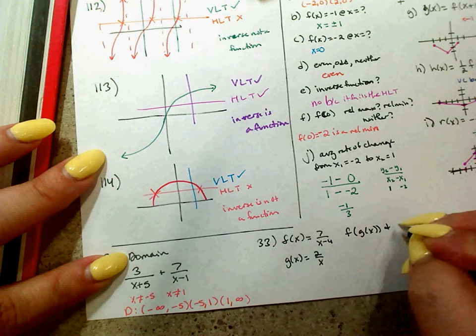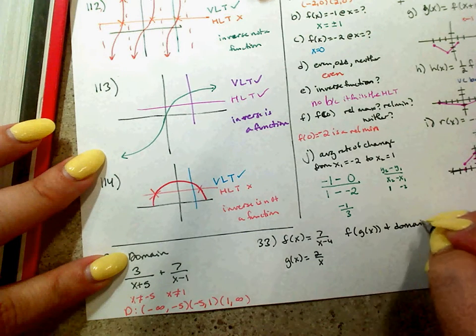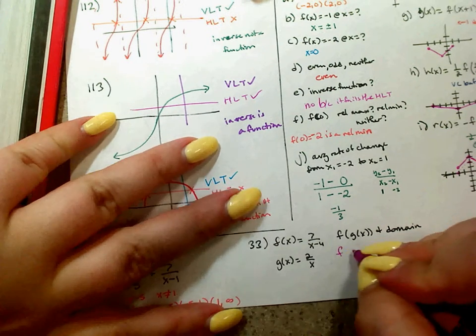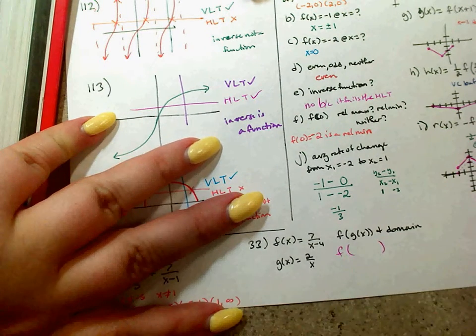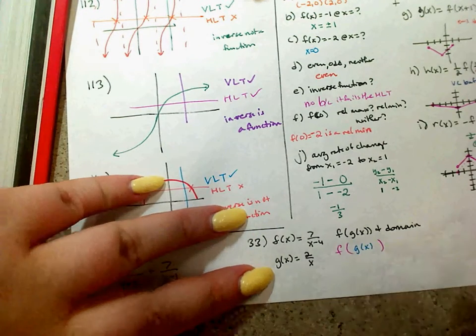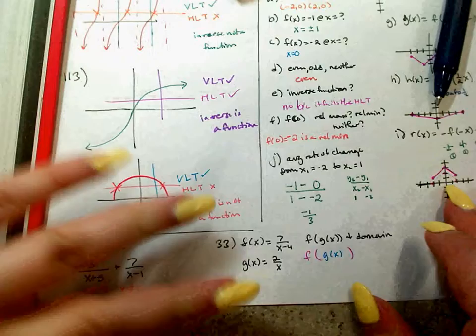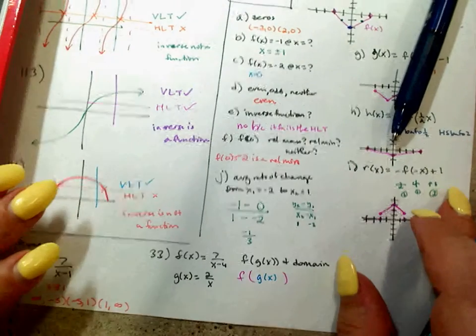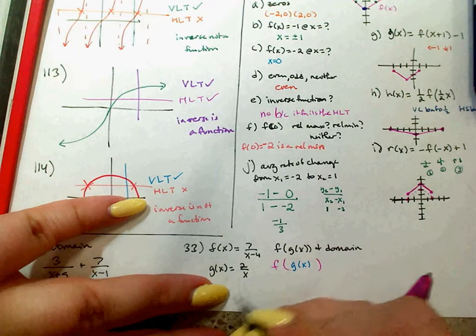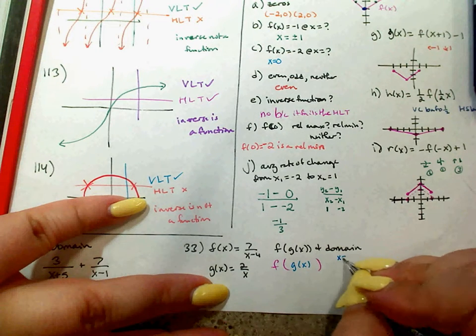Alright, so I'm going to start with the outer function f of x, and I'm going to substitute in g of x, which is the inner function. And I'm going to talk about domain as I do this. So let's not forget that when we want to find the domain of a composition, we have to start with the interior function. g of x cannot equal 0 because 2 divided by 0 would be undefined. So that is part of my domain.